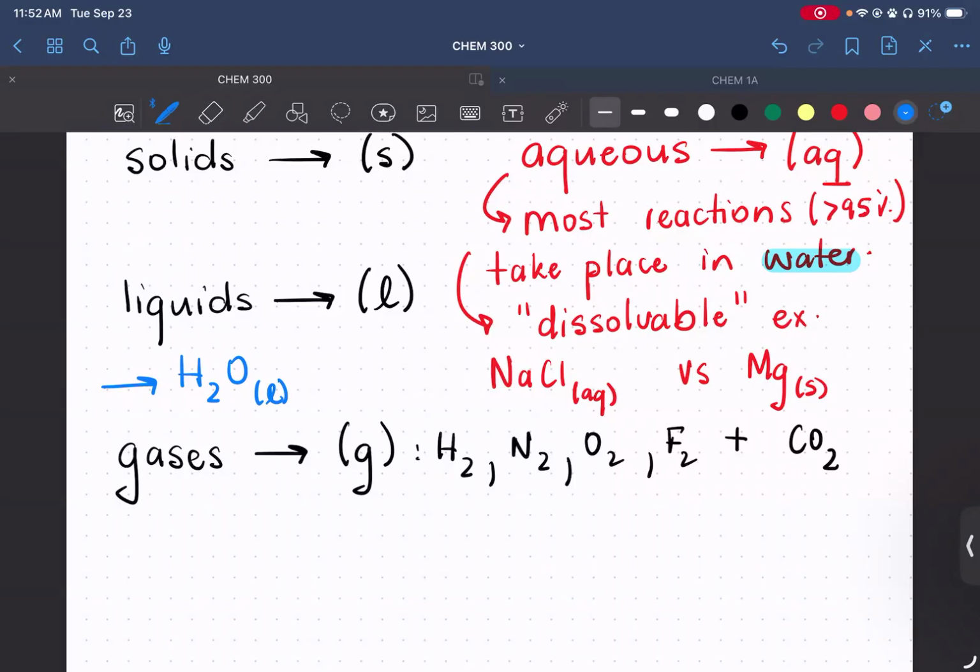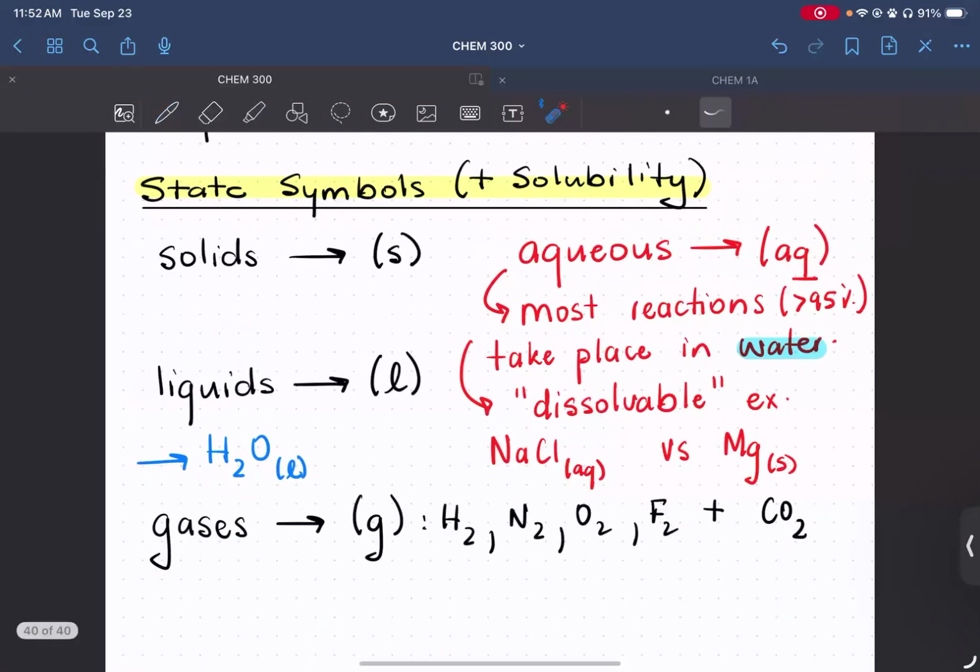In fact, it might be the only liquid we encounter in this class because, again, most reactions take place in water. So there are only very few liquids. Water is one of them. Gases, that's on you to recall your diatomic elements. Solids, you can look at the periodic table to identify if something's a metal or not.